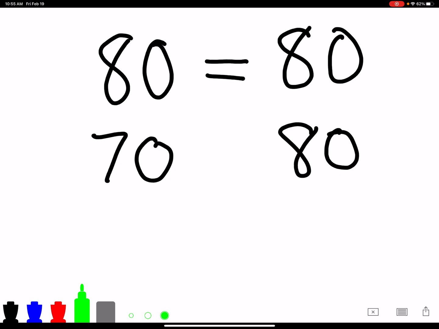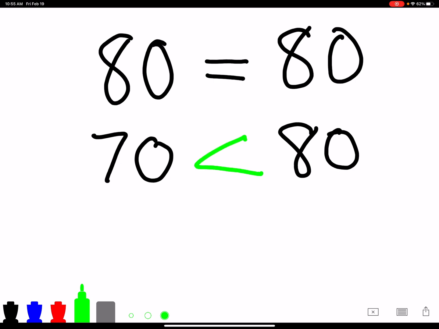Which number's greater? Well, if we even count from 0 to 10, we know that 8 is greater than 7 because 8 is closer to 10, further away from 0. 7 is closer to 0 on the number line. So in this problem, 80 is greater than 70, and I like to think of it this way.